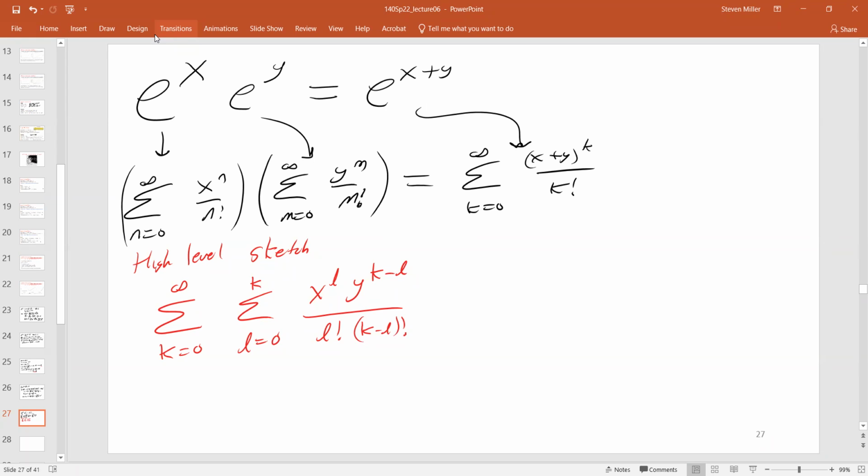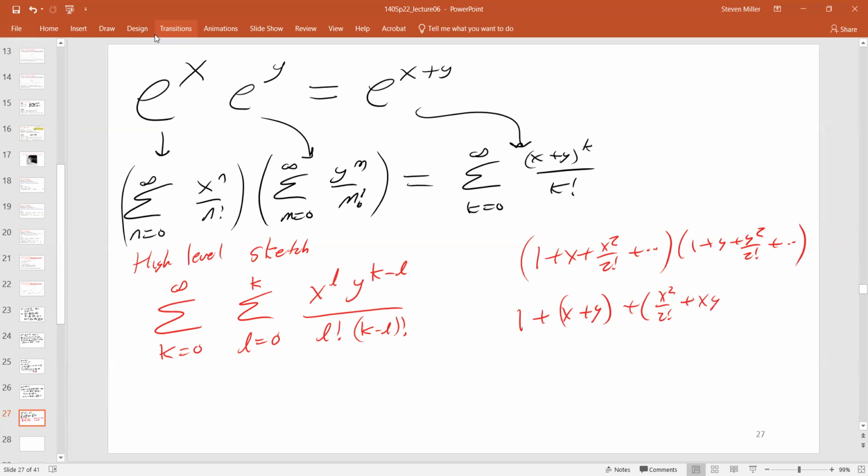So when I multiply everything out, I've got 1 plus x plus x squared over 2 factorial plus dot dot dot, times 1 plus y plus y squared over 2 factorial plus dot dot dot. When I multiply it out, I get 1 times 1 is 1, plus x plus y. Those are all my linear terms. Then I have my quadratic terms. I have x squared over 2 times 1, plus x times y, plus y squared over 2 factorial.